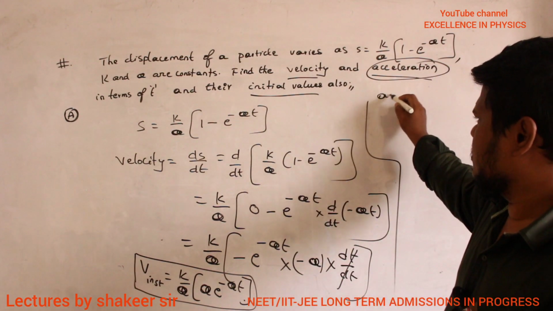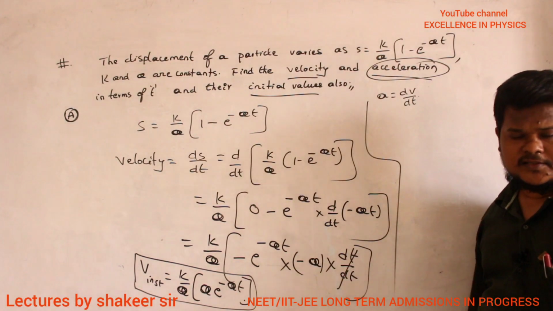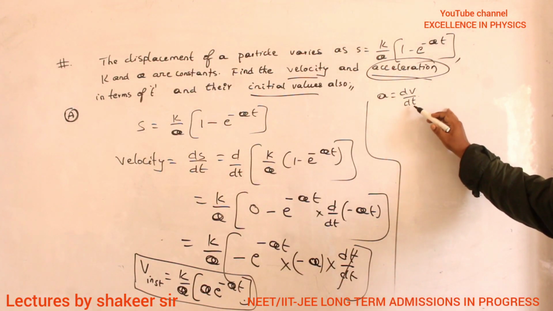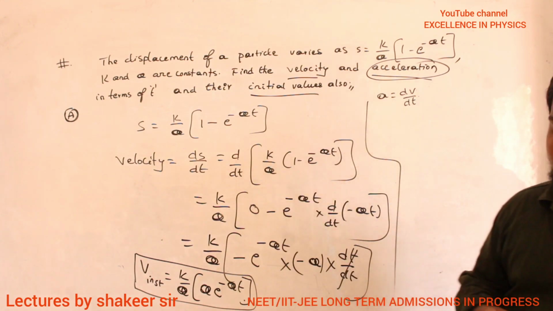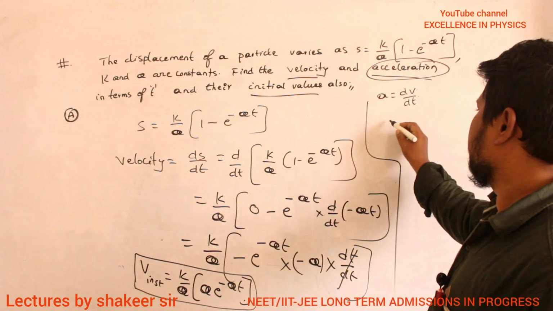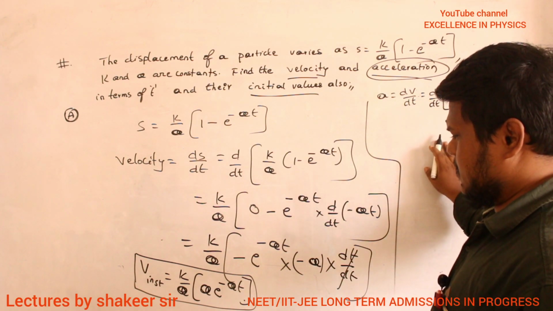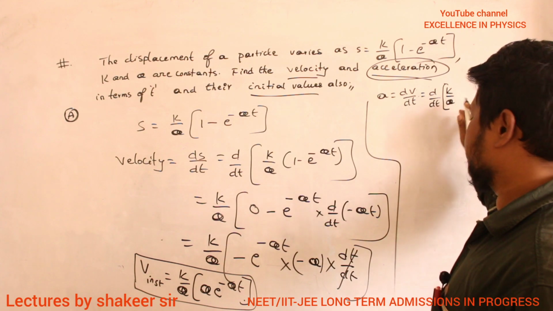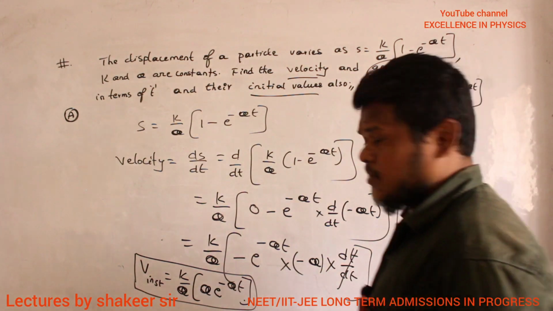So acceleration is dv divided by dt. Instantaneous acceleration is nothing but change in velocity divided by change in time, or you can say differentiation of velocity. So what is the velocity equation I got? Velocity equation is d by dt of k by alpha e power minus alpha into t. This is the equation which I got.